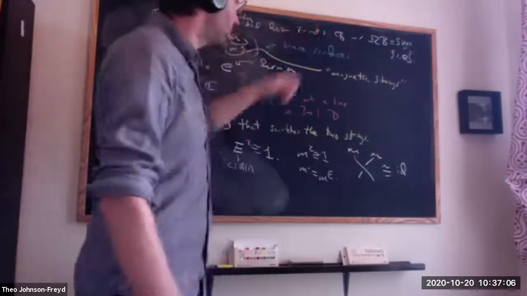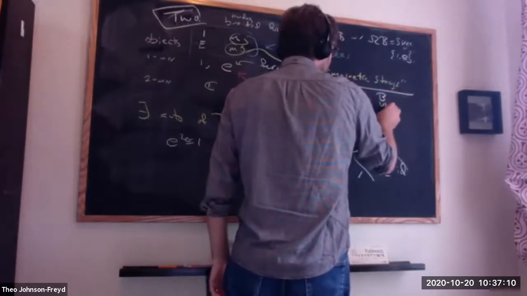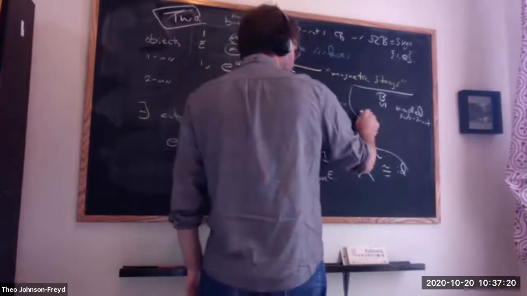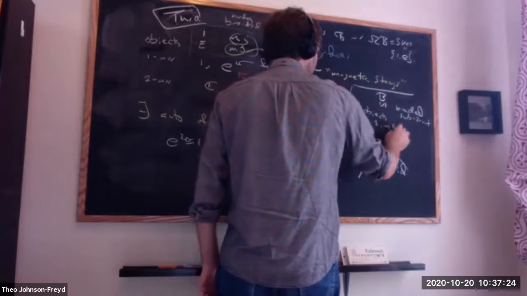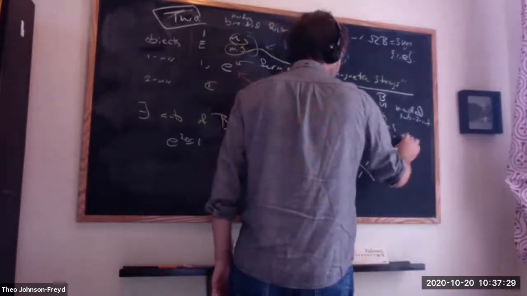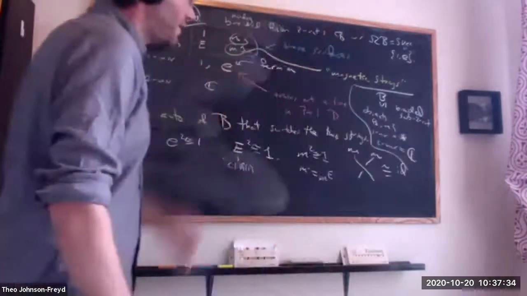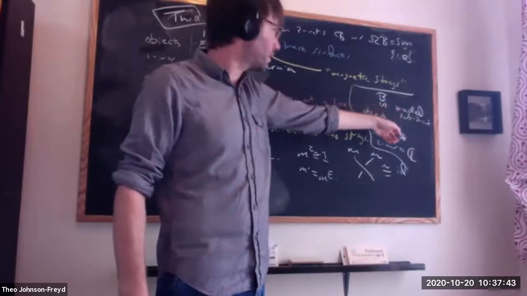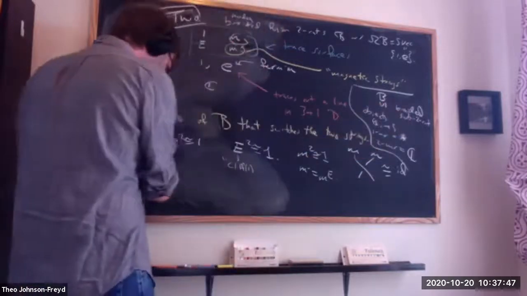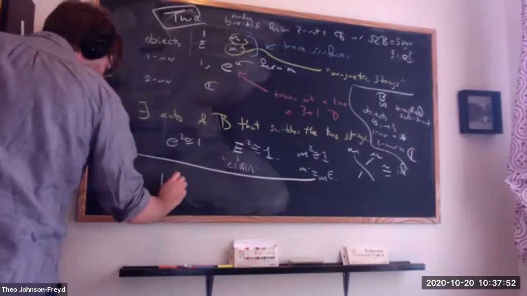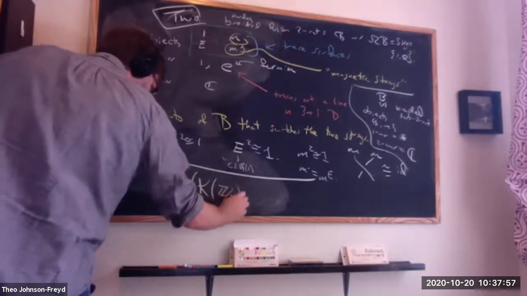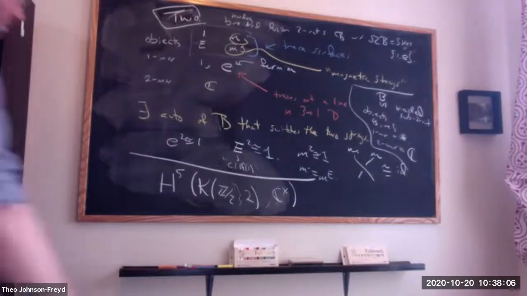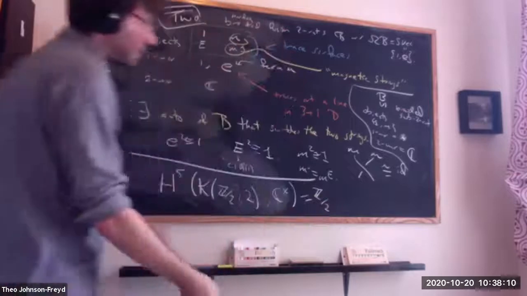So this whole braided 2-category contains a braided sub-2-category supported by M, with objects just 1 and M, one morphisms just the identity, and 2 morphisms just C. You can ask what this braided sub-2-category is like. Braided 2-categories with Z2 fusion rules are classified by the 5th cohomology of KZ2 with C cross coefficients, and anybody who's calculated those knows that that's a Z2. And it's the difference between these two categories.